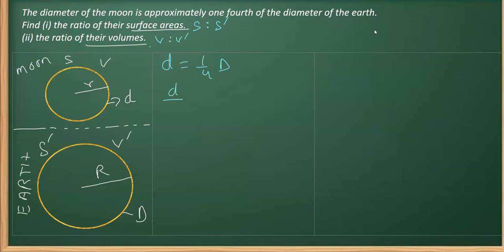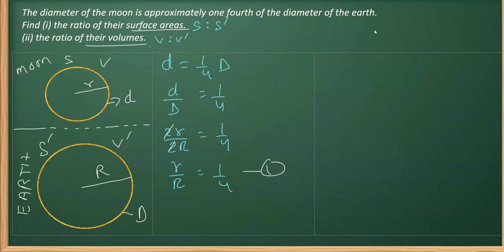Transposing this 1/4, that means capital D to the other side, it becomes small d over capital D. As you know, the diameter is twice the radius, so I'm replacing small d with 2r, and similarly capital D with 2R, that is equal to 1/4. Later we can reduce this and we get the ratio r over R is equal to 1/4. I'm going to mark this as equation 1.